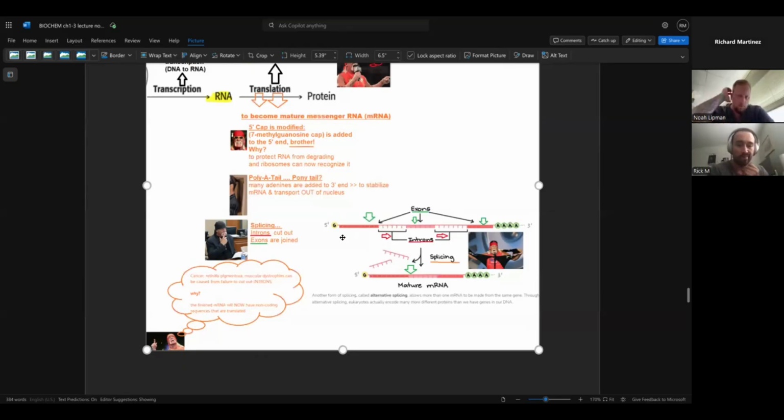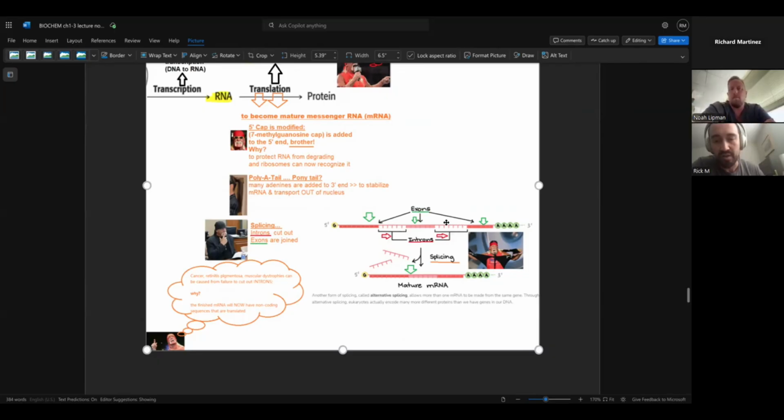Why? Maybe just try to think, why would these, so I can reword this question differently. These diseases in the body are caused from not being able to cut out these introns. Why? Well, the finished mRNA, so let's say if these stay, then the protein will have these introns, so they're non-coding, right?